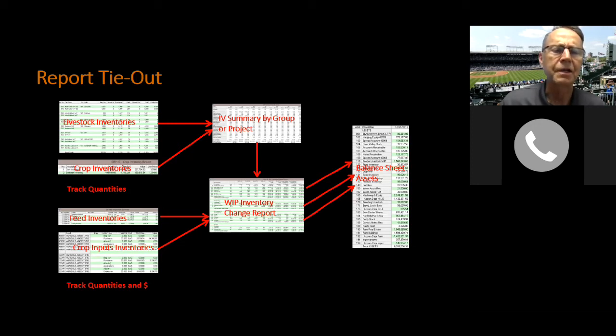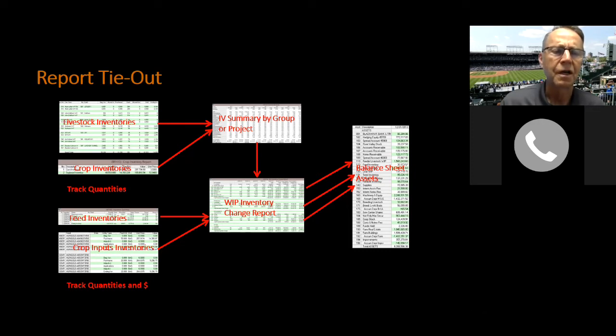The dollars are going to happen in the accounting system. These are production reports. Same way though with raw materials, feed and crop inputs, we want to make sure that the inventories tie out, physical inventories tie out, and the dollars tie out, because these are all cost basis. They have to make sense.